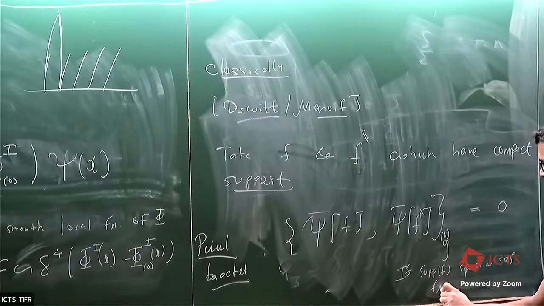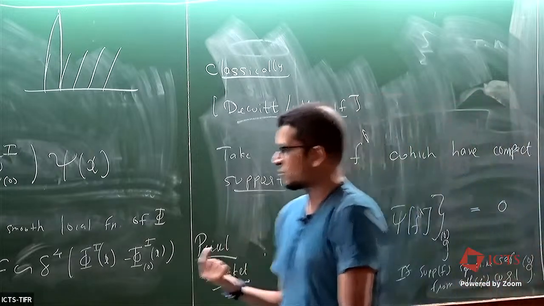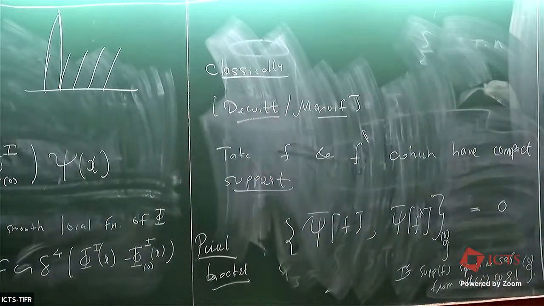One can really make this quite precise in classical theory and check that this is true. So this is just quantifying our intuitive notion of locality of these observables, that they satisfy microcausality classically, or what in older days was known as Bogoliubov causality in quantum theory.